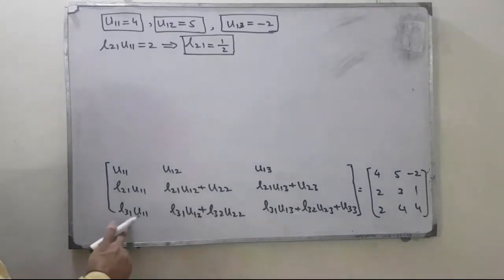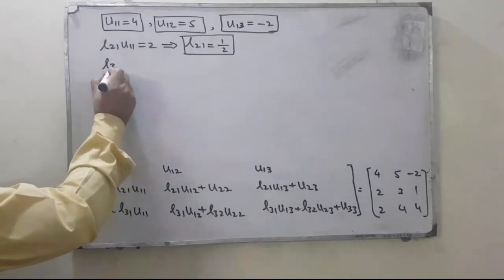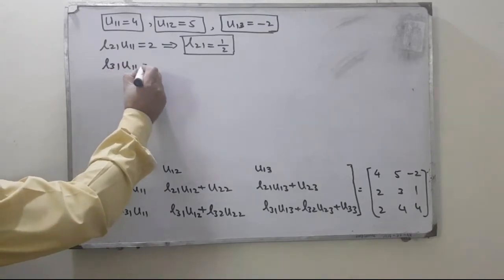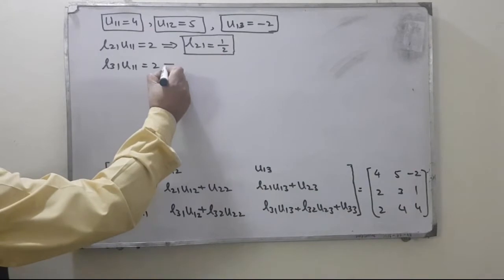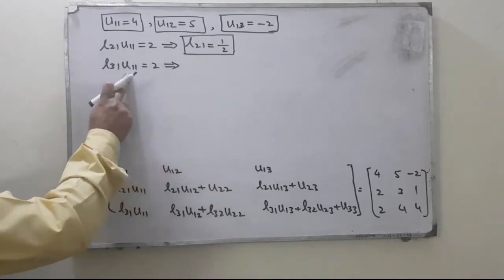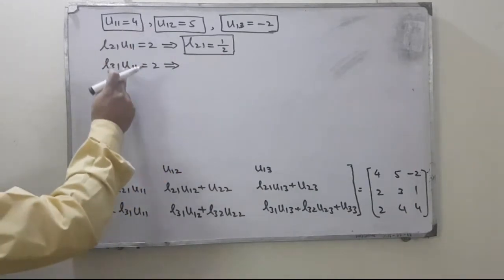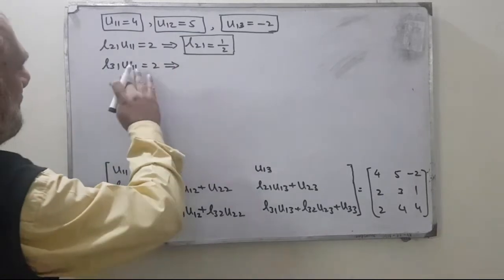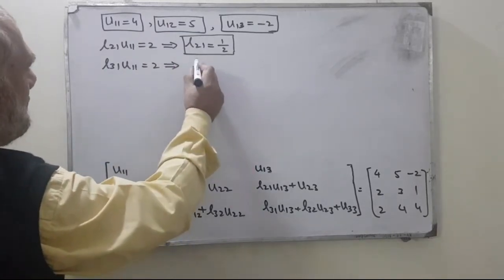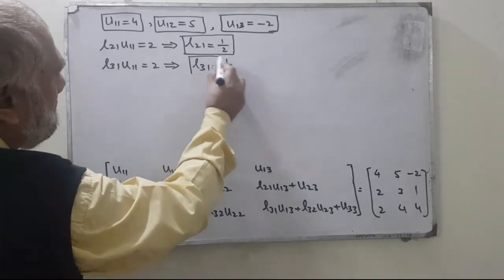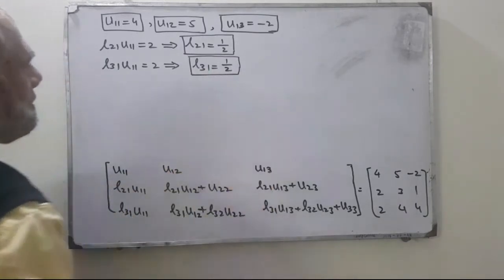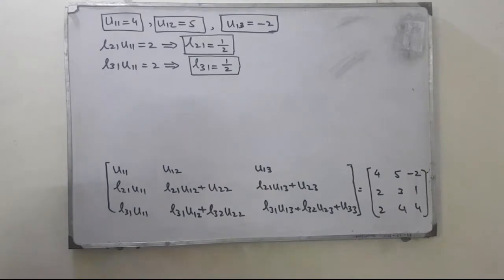Now we go to this entry, L31 U11, which according to the correspondence equals 2. Substituting once again the value of U11 and transferring it to the right side gives L31 equals 1 by 2. So we got 5 out of 9.